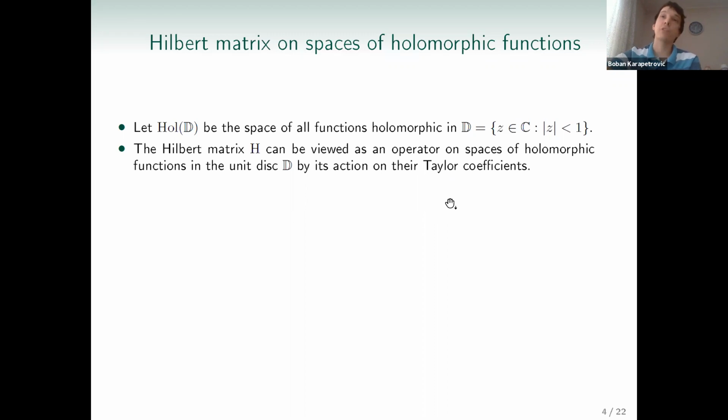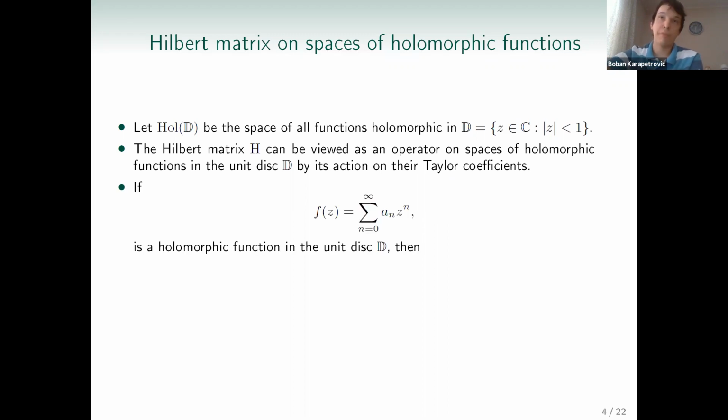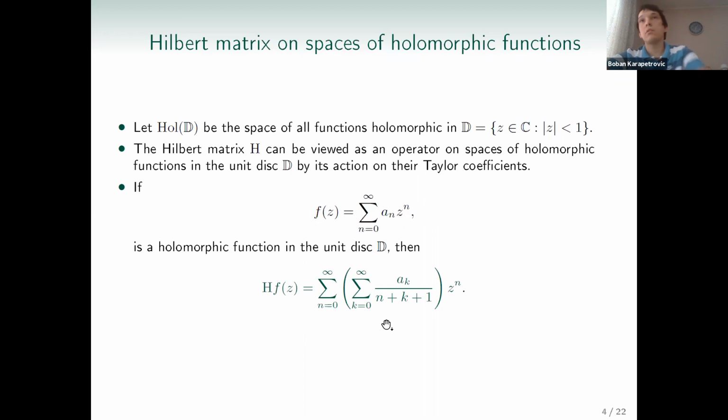So if we have a function f holomorphic in the unit disk D, given by this Taylor expansion, by this series, then the image of f under the Hilbert matrix is given by this summation on the right side, and this right side does not always have to converge in the unit disk, of course. So this formula is important for us today. We have the action of the Hilbert matrix on some holomorphic function f in the unit disk D.